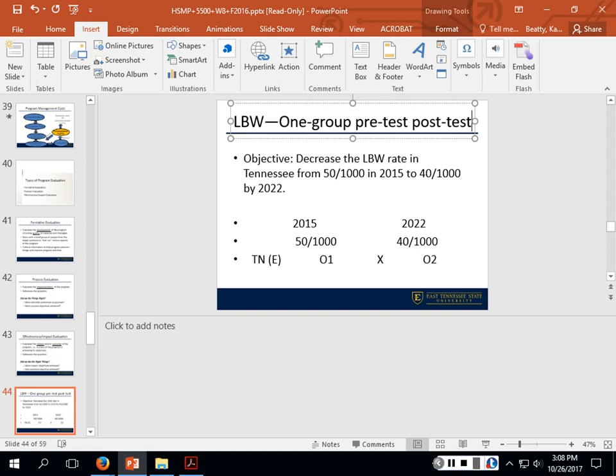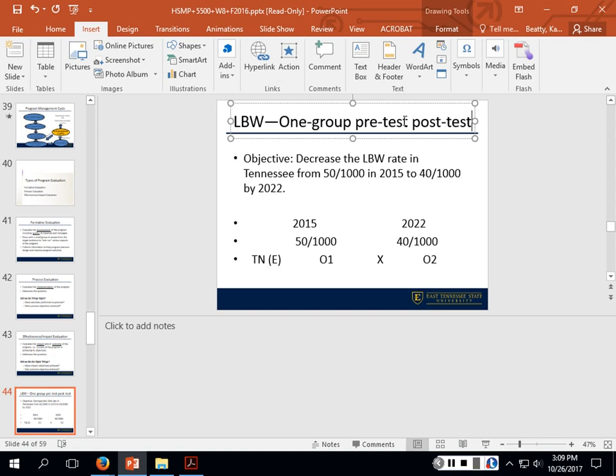Mainly because it does not allow us to control for what is known as historical bias, history bias. History bias is the chance, the probability, the bias that occurs when some other initiative, policy or program occurs while your initiative is going on and affects your outcome.